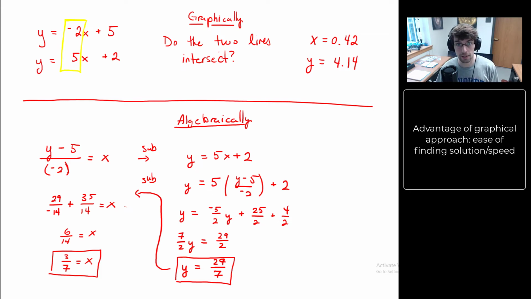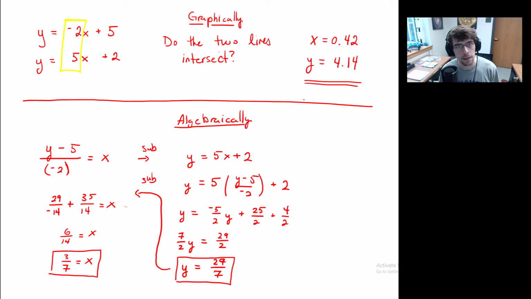The downside to that is that there is no way for me to look at the 2 numbers that I obtained and know the closed form expression. What I mean to say is there is no way for you to look at 4.14 and know that it's actually 29/7. Right? Graphically, you are doing a numeric approximation.